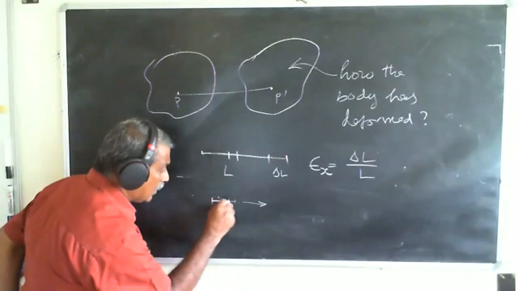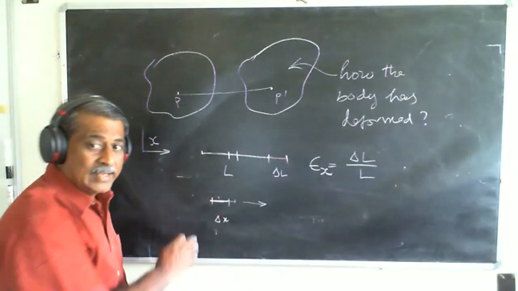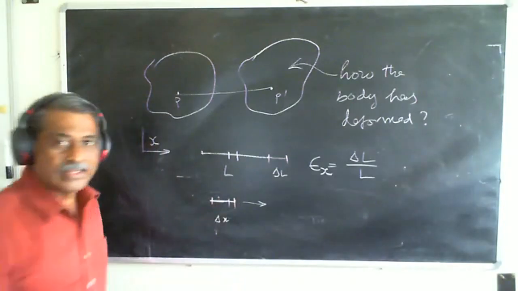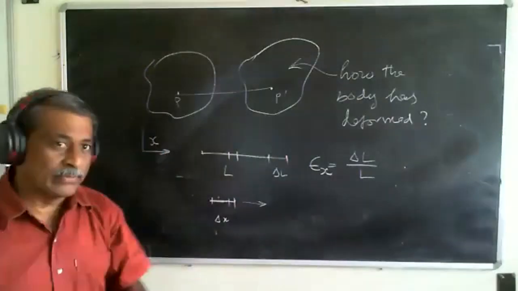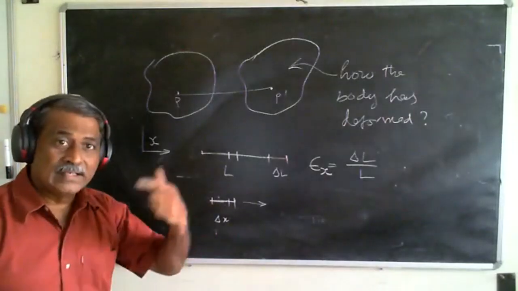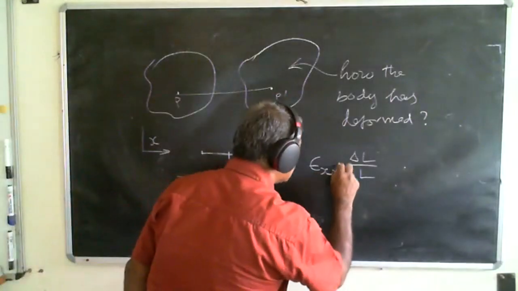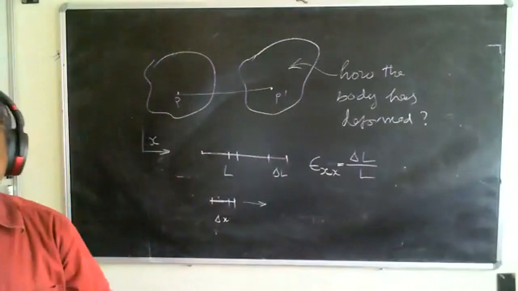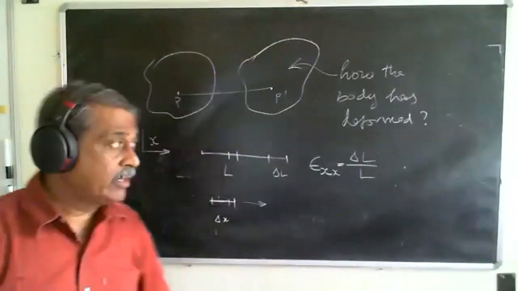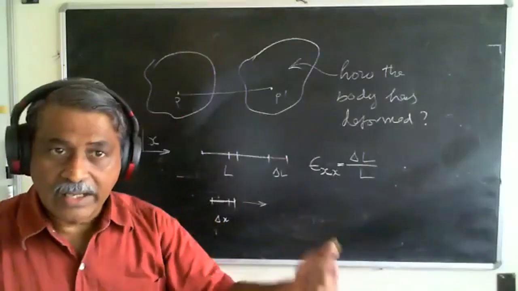This body is a line in the x direction, and it is elongating in the x direction, which means there are two x's I am using. One is the body, which is a line in the x direction. The other is the elongation that is along the x direction. And therefore, I should put it as epsilon x, where the first one represents the line that I have taken in the body, and the next one is the direction in which the elongation has occurred.